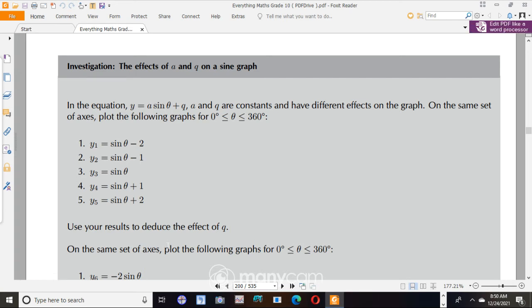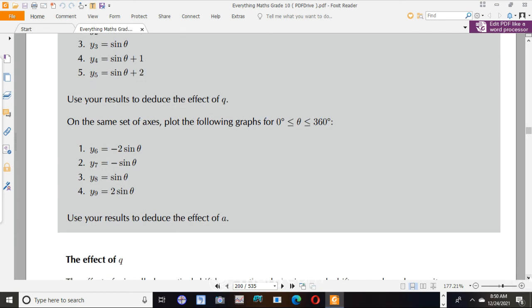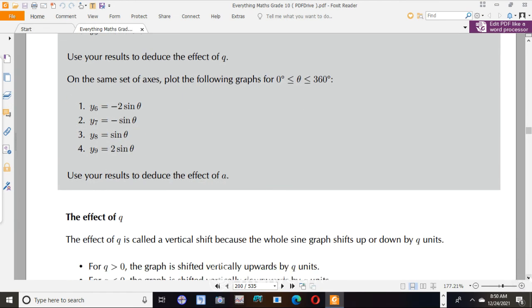Use your results to deduce the effect of q.